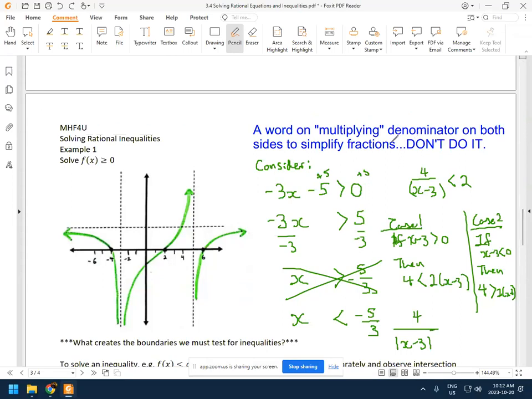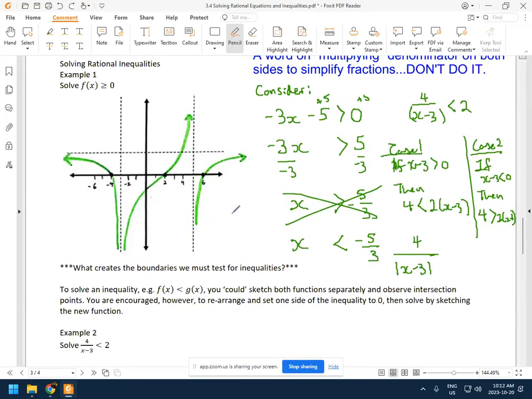You will have to do 2 questions instead of 1. So anytime you deal with inequalities or even equations, please don't multiply the denominator, only bring everything to one side, make it all equal to 0. Hope I sort of made an argument. Sorry about this messiness. I should have thought about a good example.